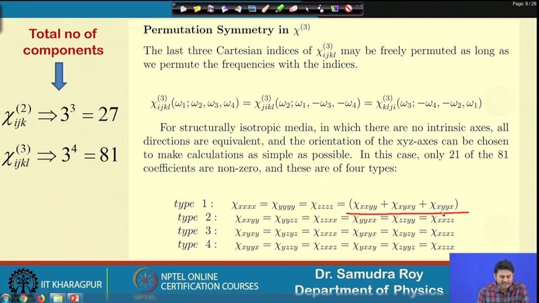So, among 81 components we have only 3 components that are different. This kind of symmetry is possible in chi3. Just remember that it looks like it should have 81 different components, but because of the application of the material symmetry, we can reduce this radically and eventually have 1 to 2 components which are non-vanishing or distinguished.